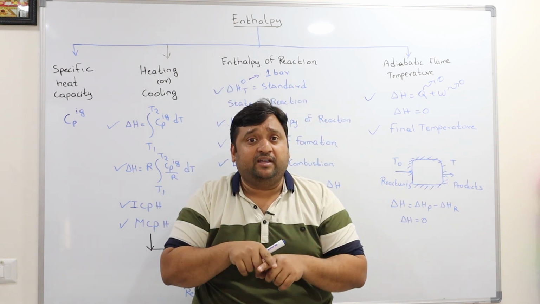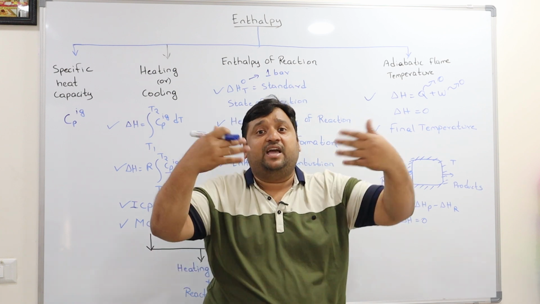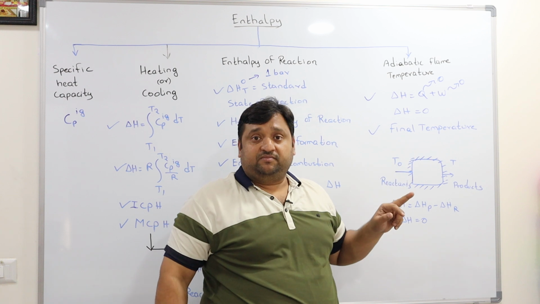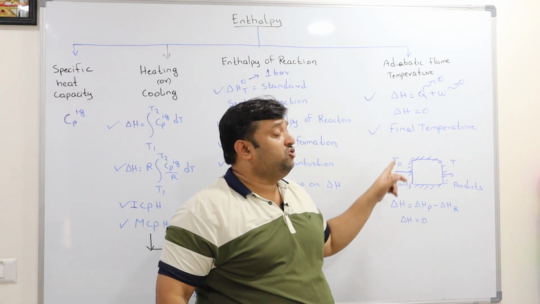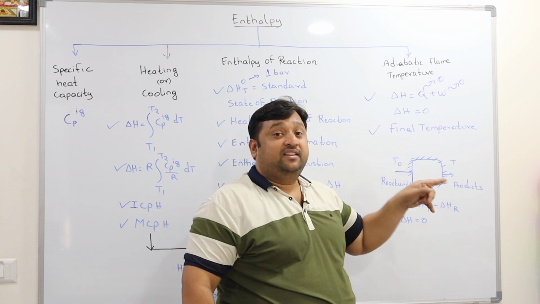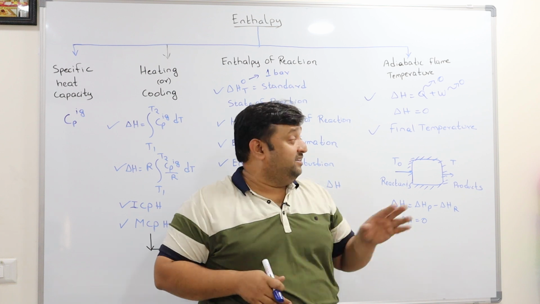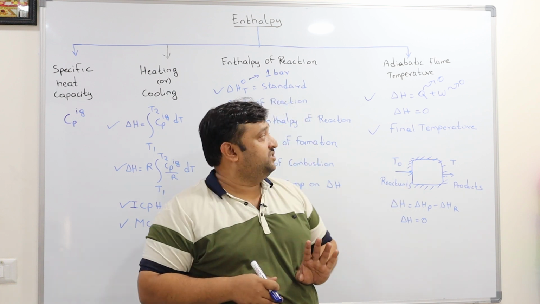Because I am closing everything, no heat is coming out. Whatever the reaction releases will increase the energy of the products. So in such cases, what is the maximum temperature attained after the reaction, when I conduct the reaction in adiabatic conditions?